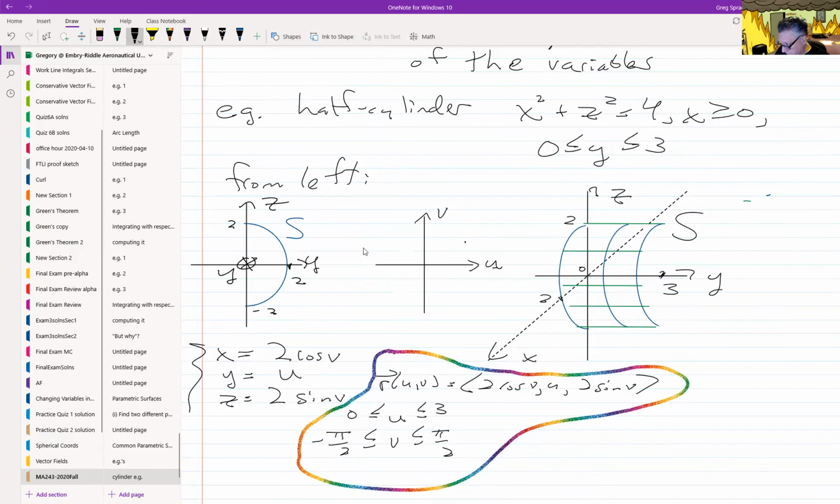V goes from minus pi over 2 to pi over 2. I'm afraid I got to make that longer, because pi is about 3, so let's extend that u-axis. So the green lines are the lines where the angle is constant and the angle is v.